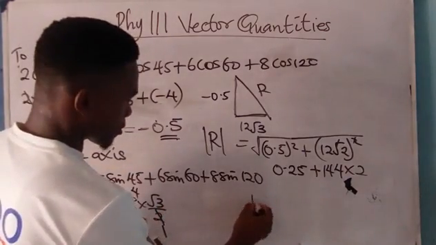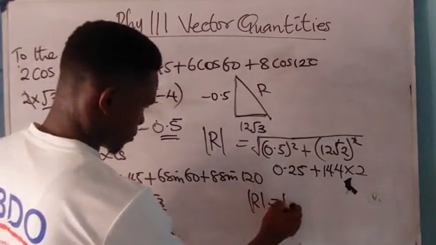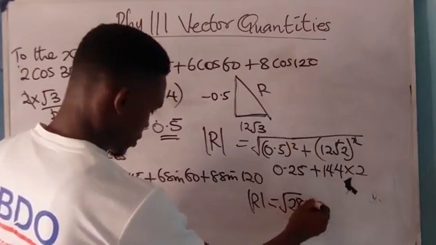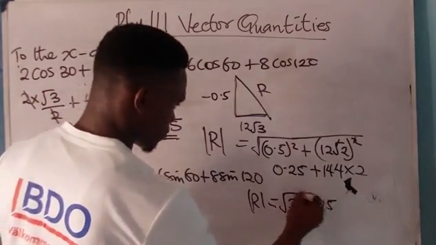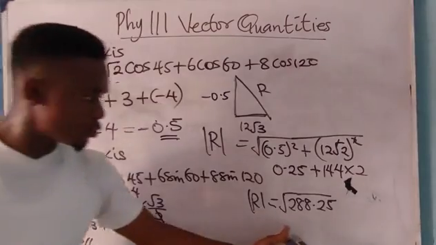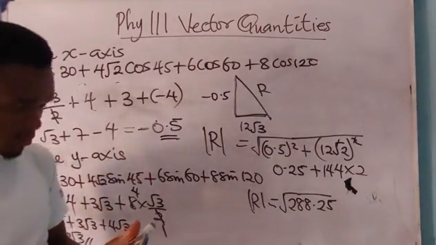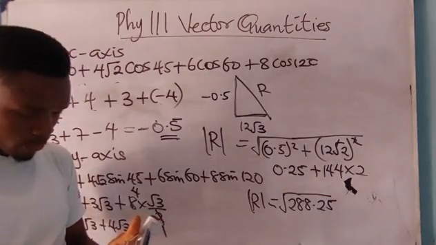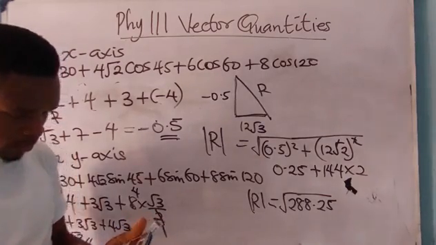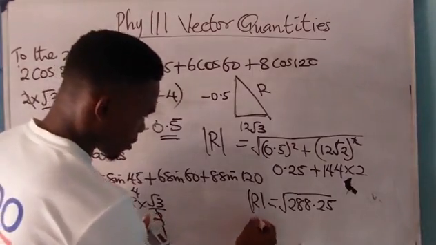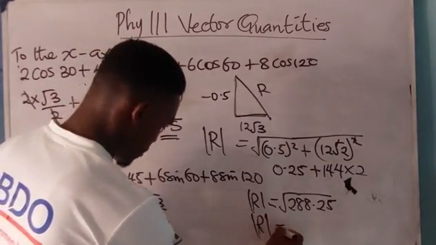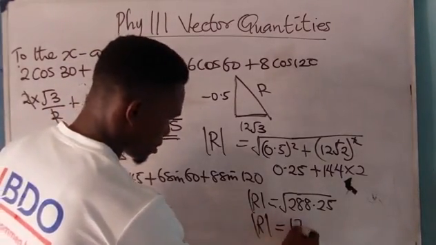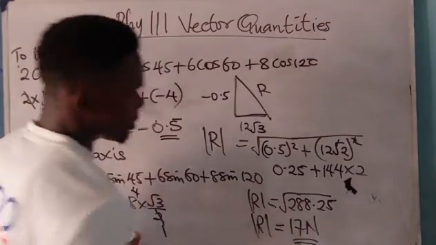So I have 288.25. So what is the square root of 288.25? We have 17 approximately. 17 Newton approximately.